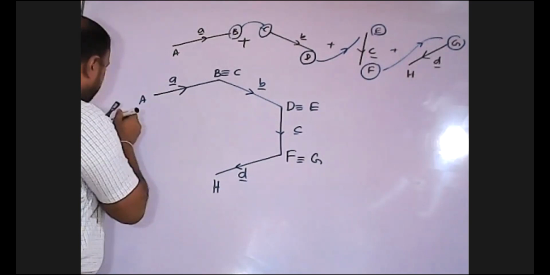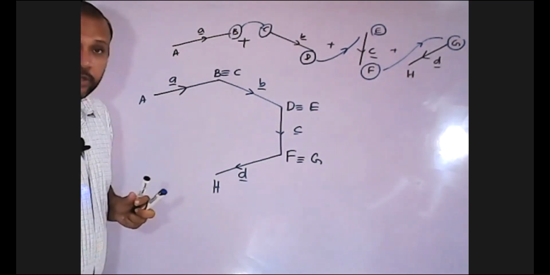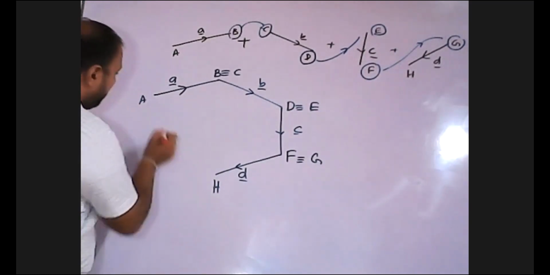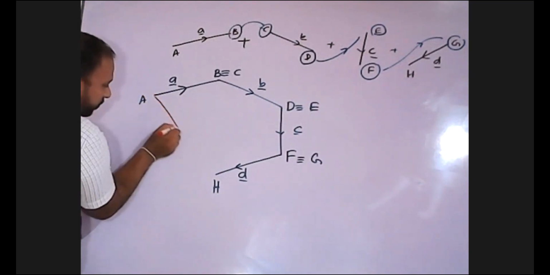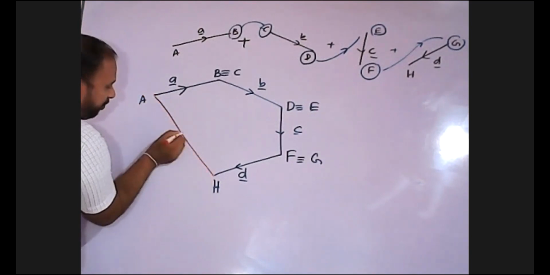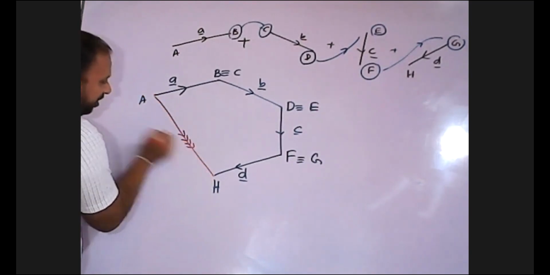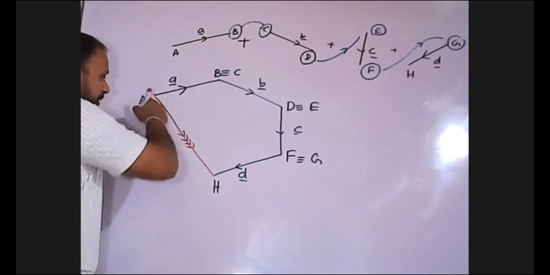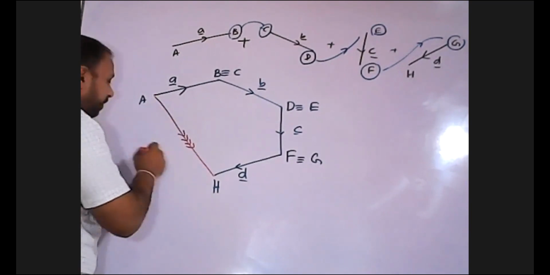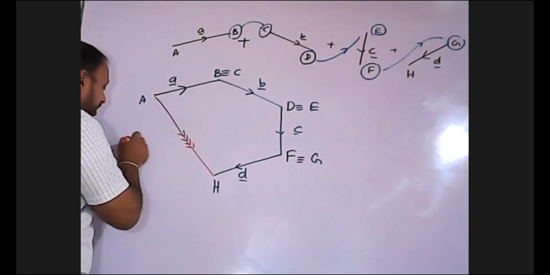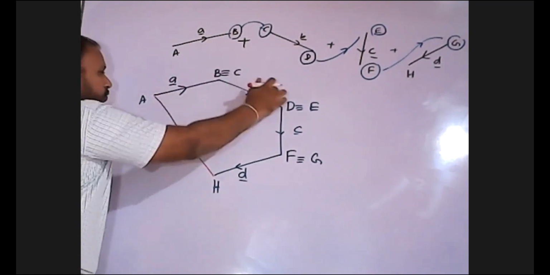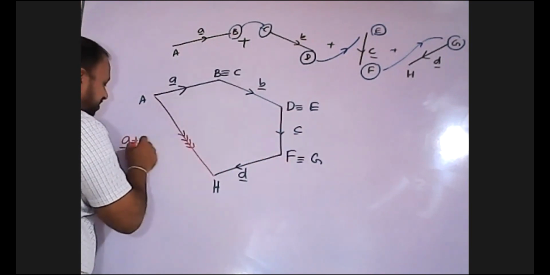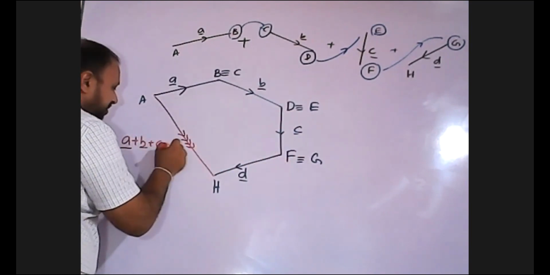Then you can connect these two ends, the starting point of the first vector with the end point of the last vector. Then from this vector, you will have the addition of these four vectors, A plus B plus C plus D.